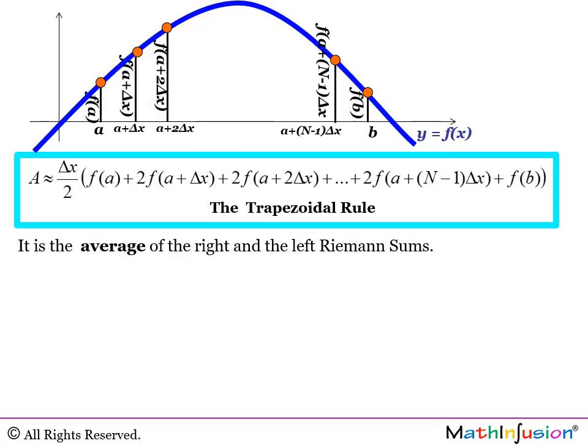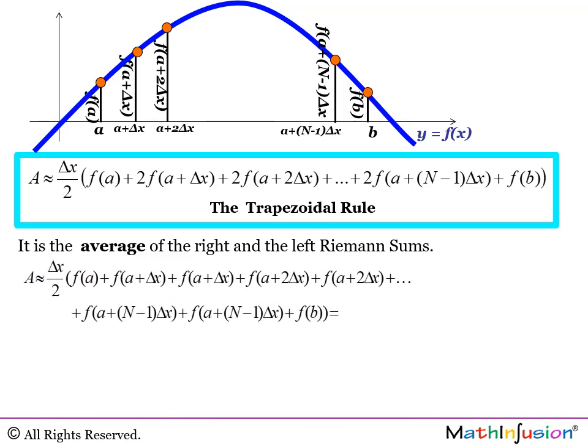Now let's use the fact that the trapezoidal rule is the average of the right and the left Riemann sums to write it a little differently, because the name really does not suggest average, but suggests that this has something to do with trapezoids. So this is the trapezoidal rule. Instead of writing 2 times f of something, I'm writing f of something plus f of something.